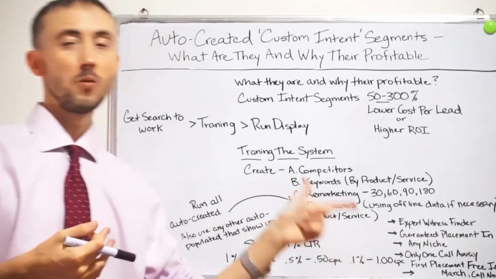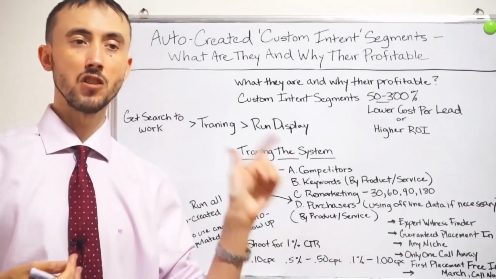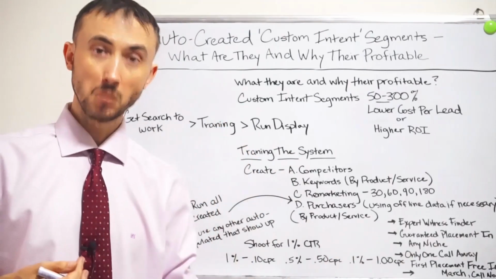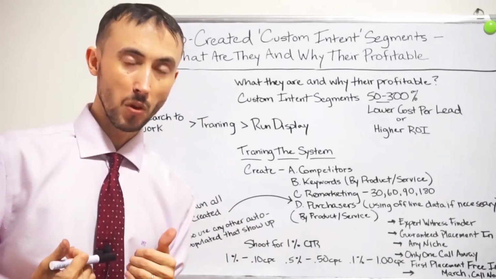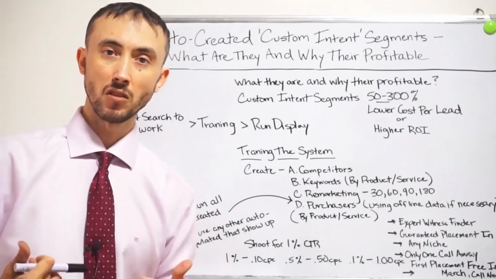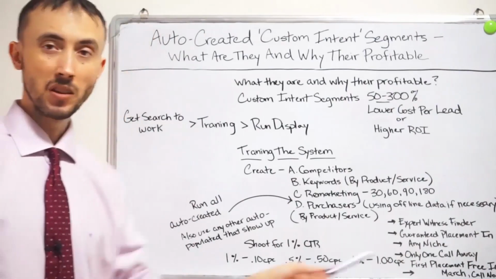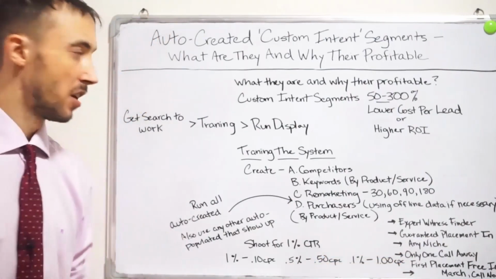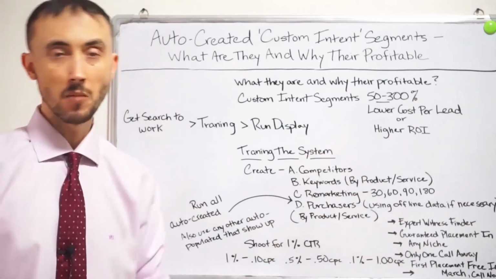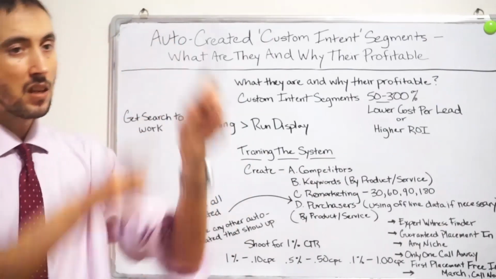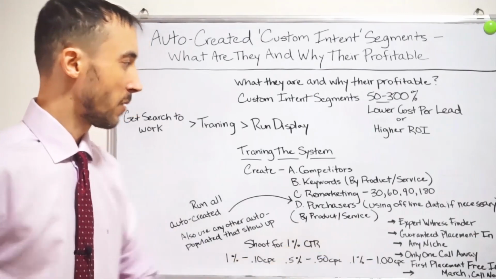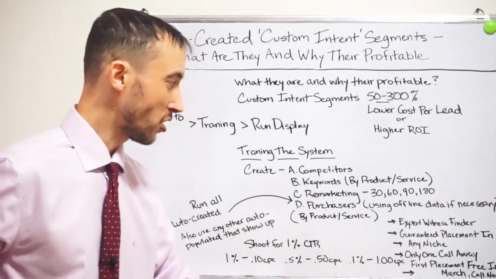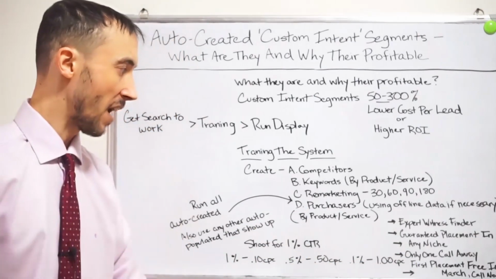Well, we're telling them, and you know this by doing market research and talking to your salespeople and finding out, deep down, based upon that user's profile and psychology, what they actually want and why they want it. Try to put that in the I part of the formula of the ad. But it goes in this order, not randomly switching stuff around. D goes here, A, no, A, I, D, A. Expert witness finder, guaranteed placement in any niche, only one call away.